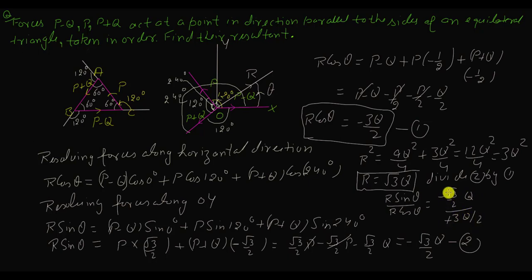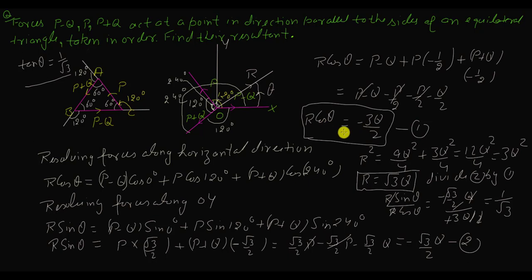Minus to minus will cancel, Q to Q will cancel, so we are left with 1 by root 3. So this R to R will cancel out. Now this will make tan theta is equal to 1 by root 3.